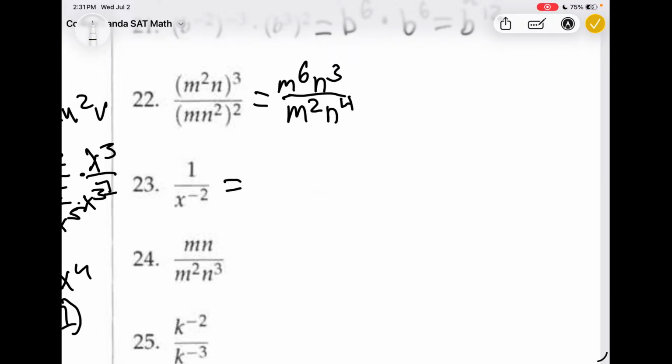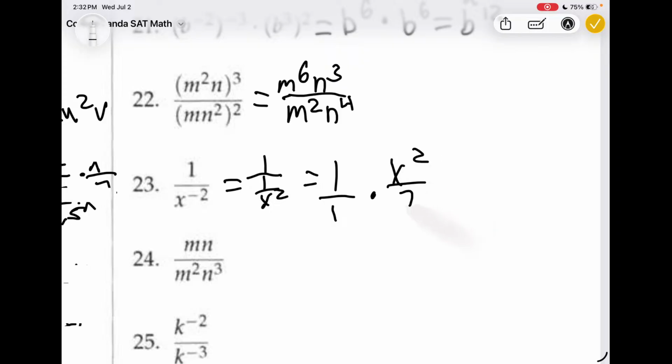And this is equal to 1 over x squared, which is equal to 1 over 1 times x squared over 1, which is equal to x squared.